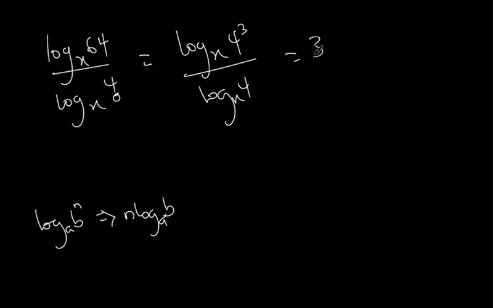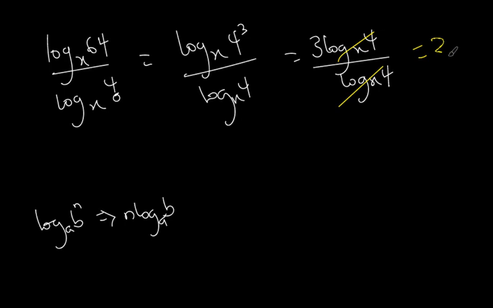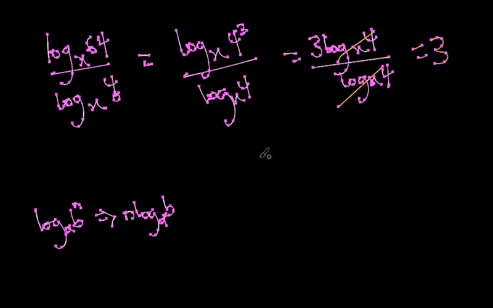So we have 3 log base x 4 divided by what? Log base x 4. Exactly. So from here you can see straight away that our log base x 4 will cancel out. So we have our answer to be 3. So this is how we solve an equation involving a ratio like that.